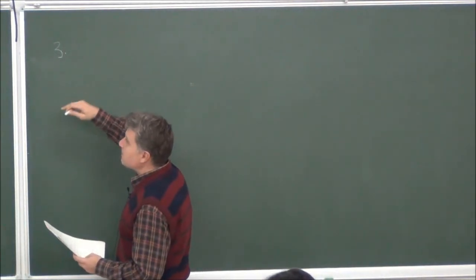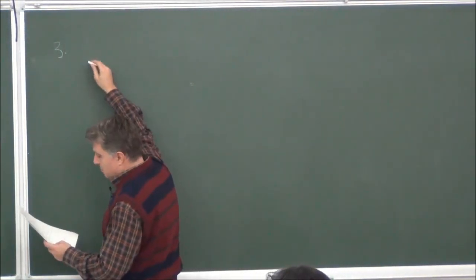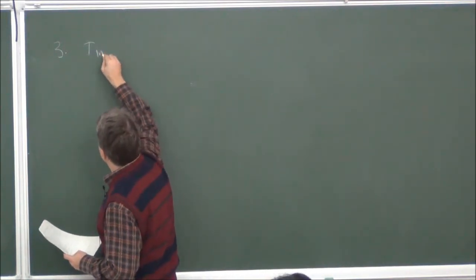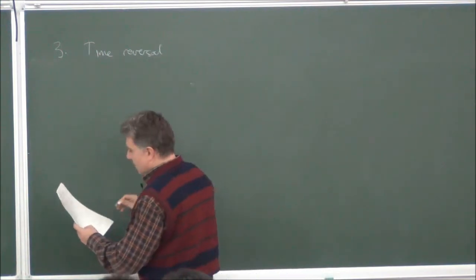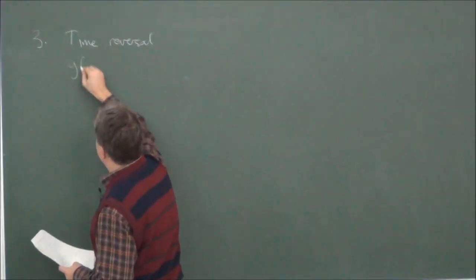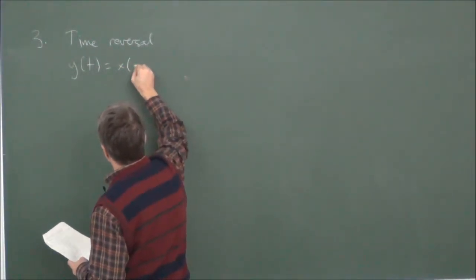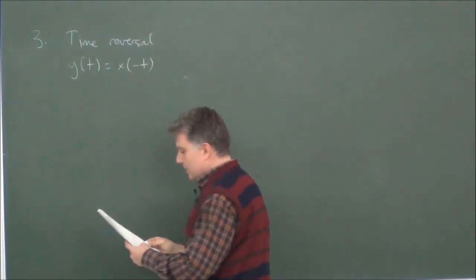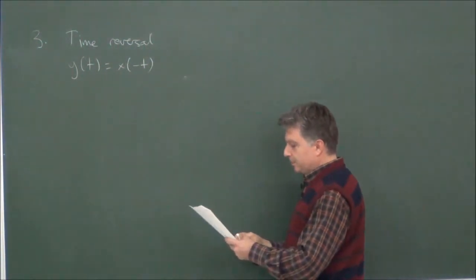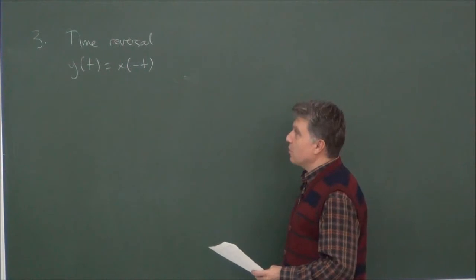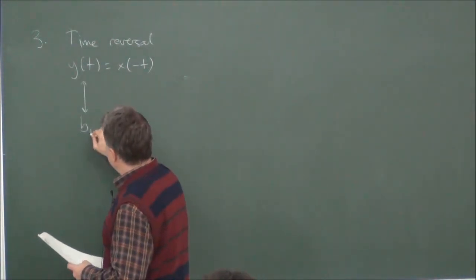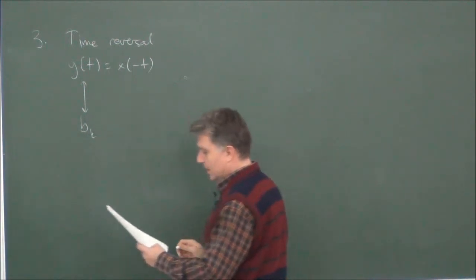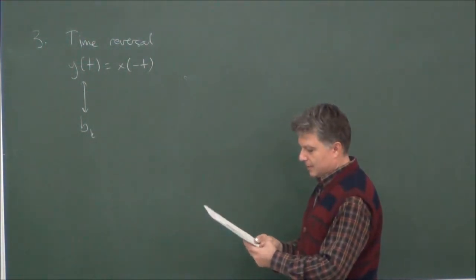This property is quite specific. That is time reversal. If y of t is equal to x of minus t, then what can we say about the Fourier series coefficients of y of t, which are bk's? What can we say about these bk's?